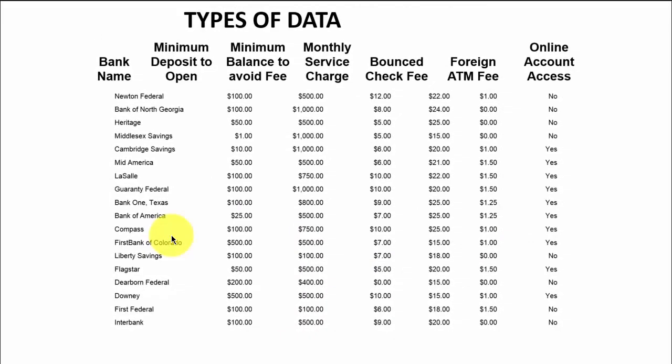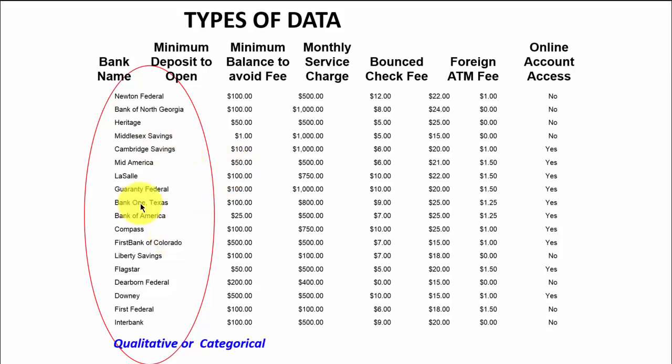So that brings us to this question of what types of data there are, and is there a particular type of data different from others, and what are those differences? So consider this data set that you have in the first column, bank names. You could see that this information is names, and these are characters.